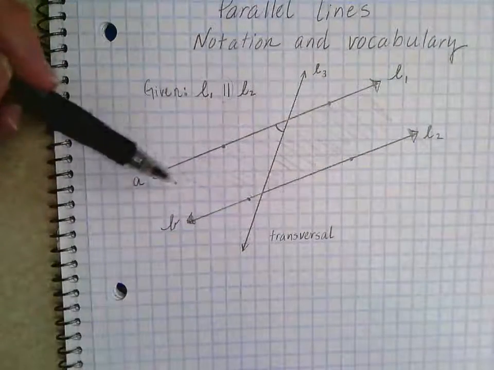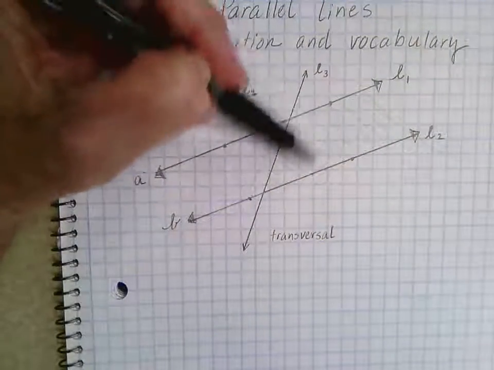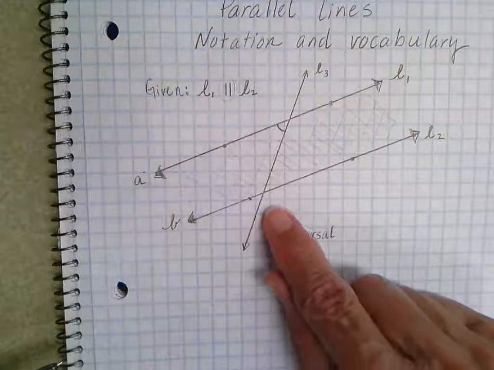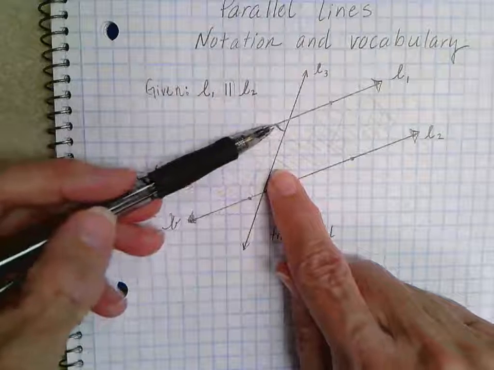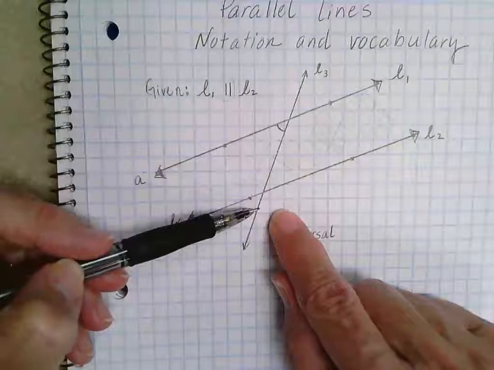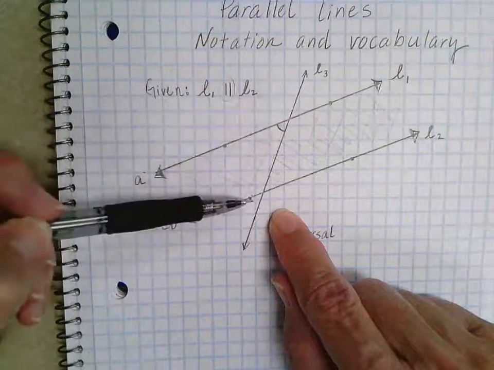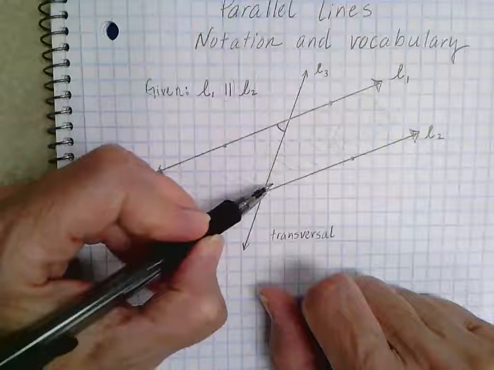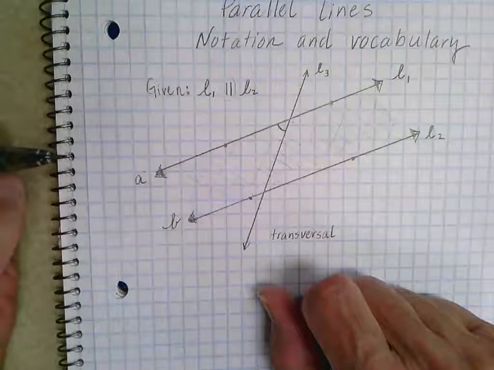So interior makes sense. It's inside of the two parallel lines. And then these angles that are not interior angles are going to be exterior angles. So we have 1, 2, 3, 4 exterior angles, and we have 1, 2, 3, 4 interior angles.